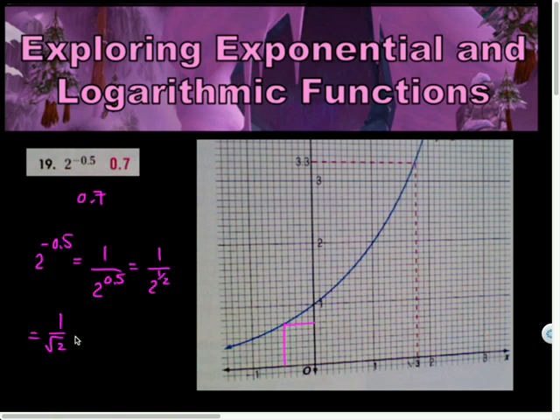Multiply by root 2 over root 2, and I'd get root 2 over 2, which is about 0.707, I believe. So in this case, we actually could have found an exact value, but they just wanted you to be able to read it off the graph, so that's what they were looking for.